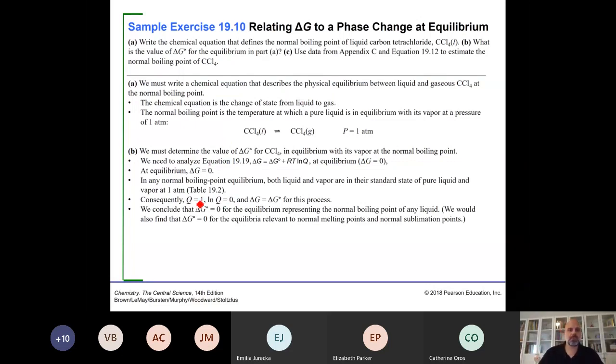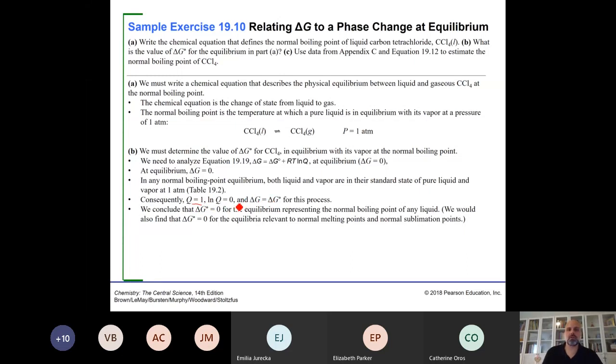So since we're at equilibrium, and since we're talking about the standard state, the Q in this case is going to be equal to 1 because we're running everything at standard conditions.